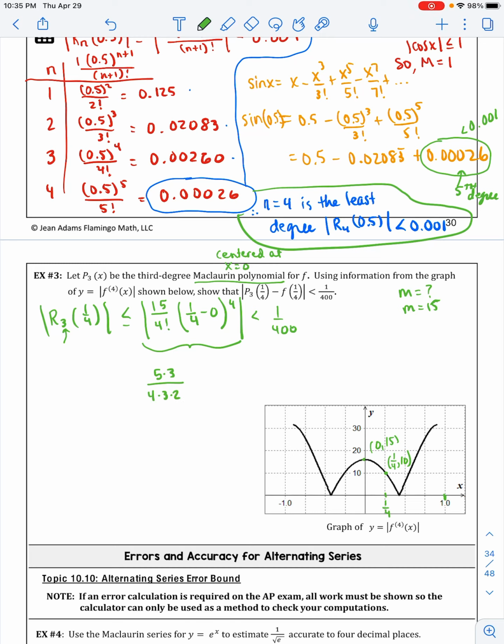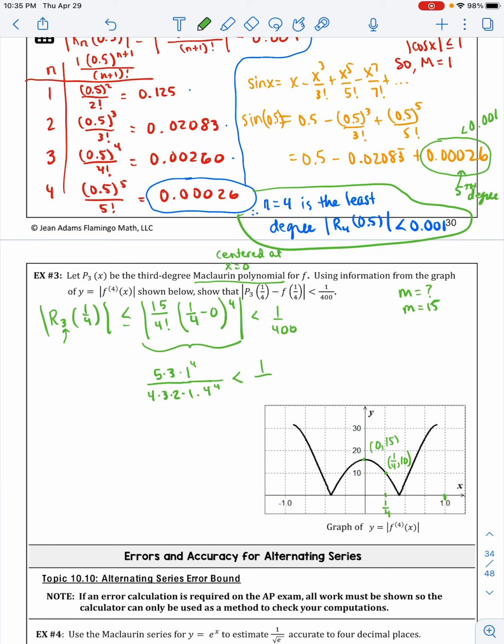So now I'm just going to start simplifying this right here. To do that, I'm going to write my 15 as 5 times 3. My 4 factorial is 4 times 3 times 2 times 1. And then this would be times 1/4, but 1/4 to the 4th power.